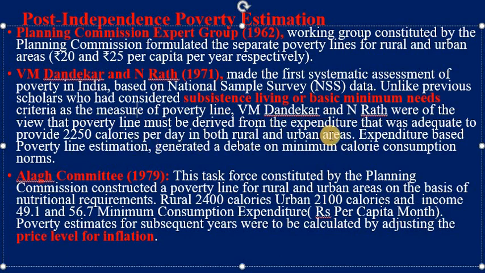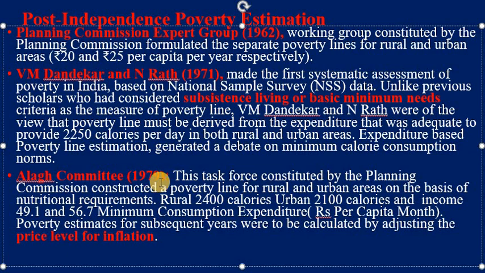They made an expenditure that was adequate, providing 2250 calories per day in rural and urban areas. So there was a debate generated on minimum calorie consumption. Whatever they're consuming, they should have certain minimum calories, and based on the consumption expenditure they made, out of that, what is the minimum calorie they're consuming, based on that they estimate.